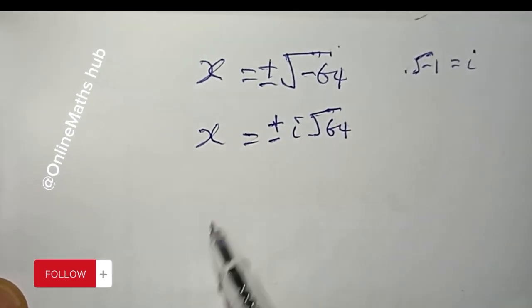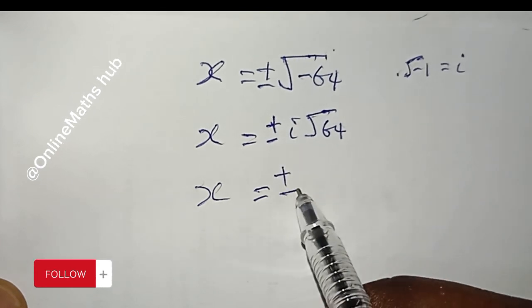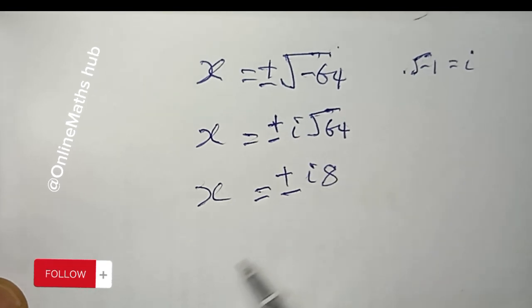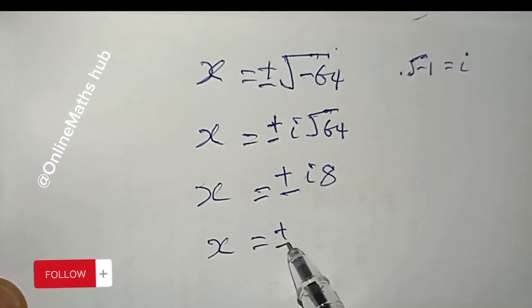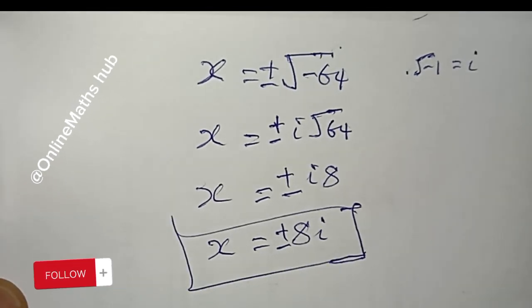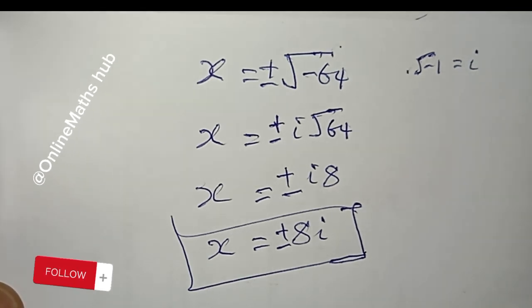Now I can evaluate root 64. So x is equal to plus or minus i, and root 64 is actually 8. So basically my x is now equal to plus or minus 8i, and that is the value of x that will satisfy the question we are solving. So this is the solution to this question.